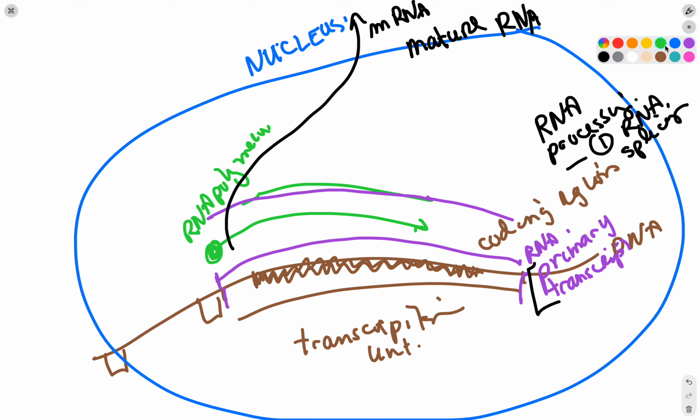We haven't talked about this in our class, but when we look at the primary transcript and the mature transcript, the mature mRNA transcript, the mature transcript is often shorter than the primary transcript. And that's because some of the primary transcript has been removed. It's been spliced out. And we can just draw a picture of what that looks like.